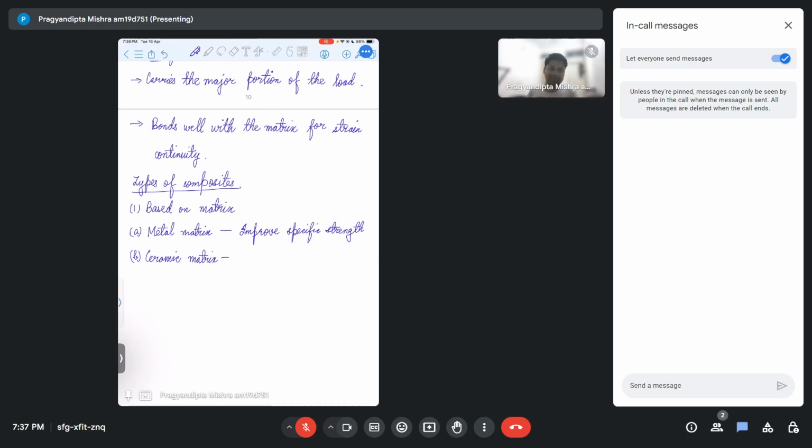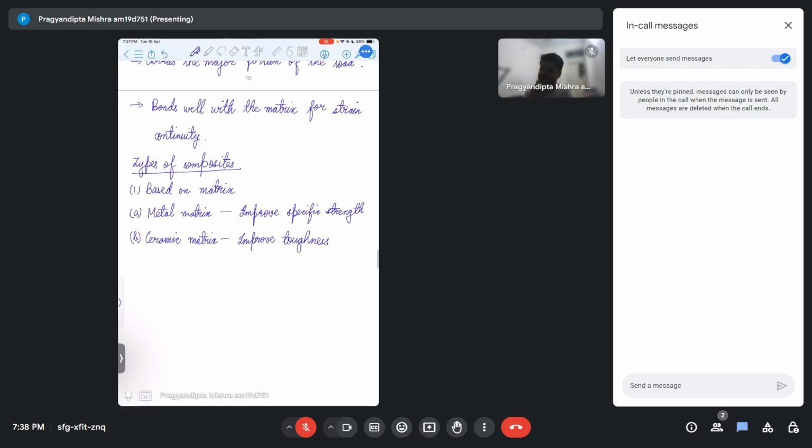We can also divide the types of composites based on the distribution of reinforcement. Okay. So based on this distribution of reinforcement, we can see either a continuous kind of distribution, where the reinforcement is continuously present within the structure, or it could be discontinuous.